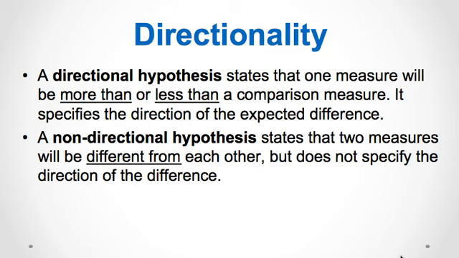Now, for left-tailed hypothesis tests, typically the question will be, is there less than or is there a decrease? The null hypothesis will always be stated as H0 as mu greater than or equal to some value.